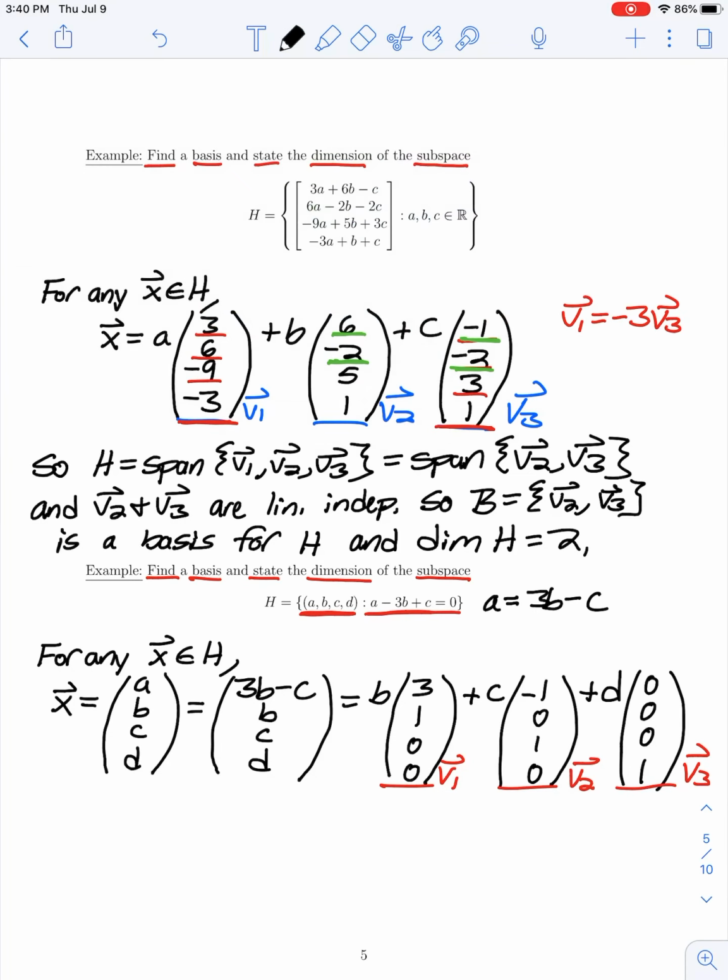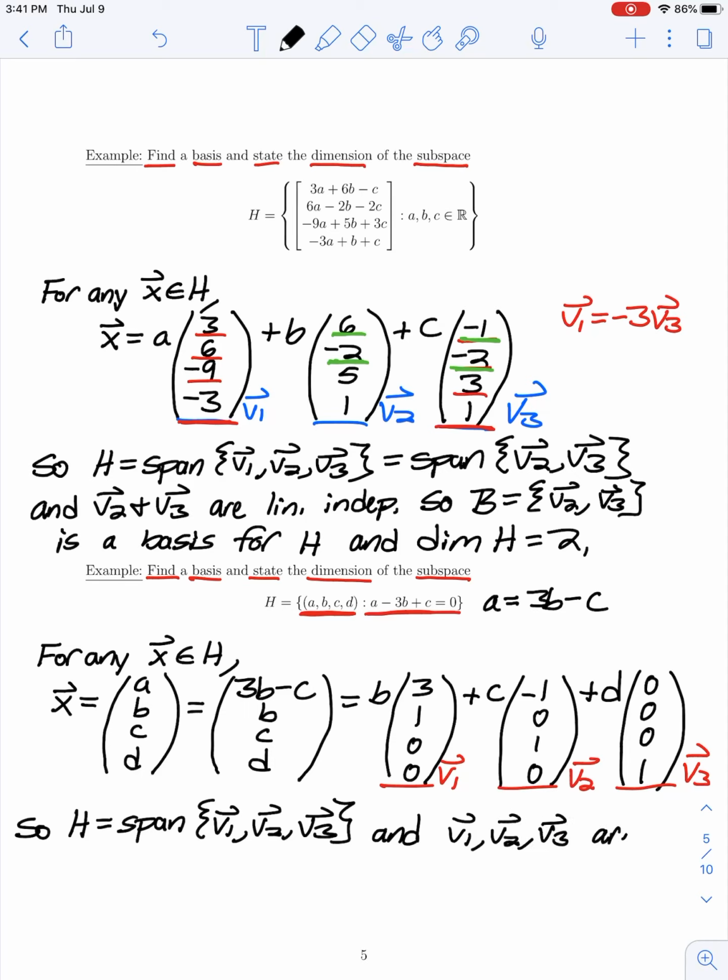So we can think of H as being the span of the set of vectors V1, V2, and V3. And these vectors, V1, V2, and V3, are linearly independent.